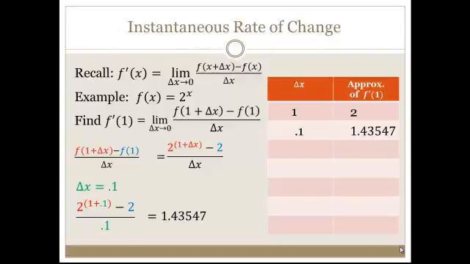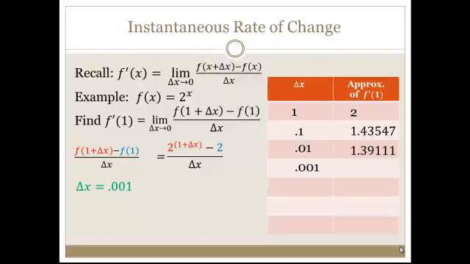As we shrink delta x, we'll next look when delta x is 0.01. Here we compute our approximation as 2 to the 1.01 minus 2 all over 0.01, which comes out to 1.39111. So this is our next approximation of f prime of 1.